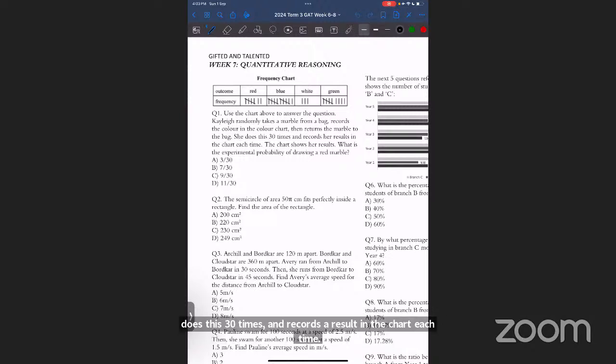The chart shows the results. What is the experimental probability of getting a red marble? Since she took it out 30 times, and out of the 30 times she got red 7 times, the probability is just 7 out of 30, right?